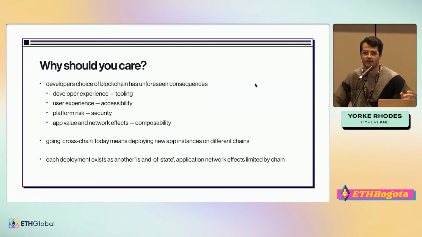Instead, you have these siloed networks. In the case of an AMM, when Uniswap deploys on a new chain, it's an entirely new set of liquidity. And so you have to rebuild the network effects.